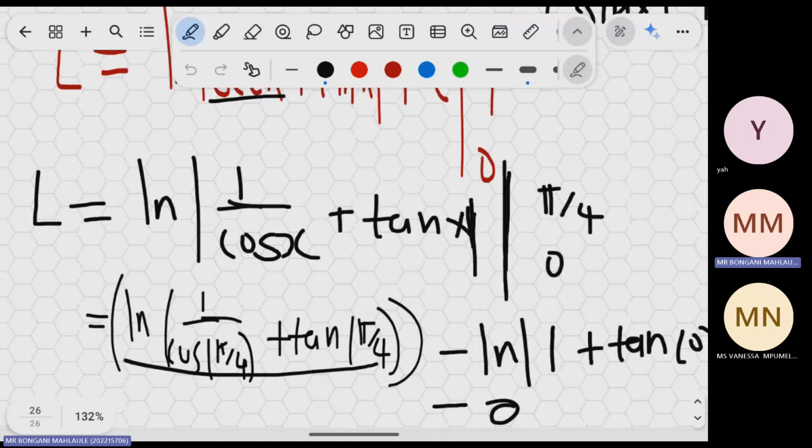Make sure your calculator is in what? In degrees. It should be in degrees. Or they said it should be in radians, guys. I think it should be in degrees. Let me change it to radians. Okay, let me first check again. Tan of pi over 4. Let me change it to radians and see what I'm getting.